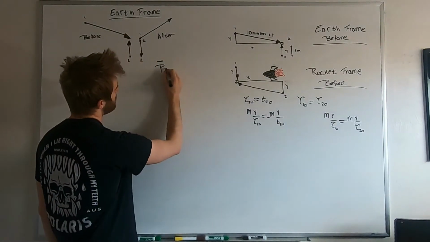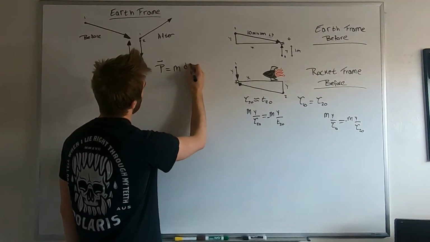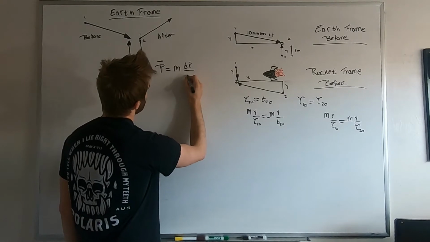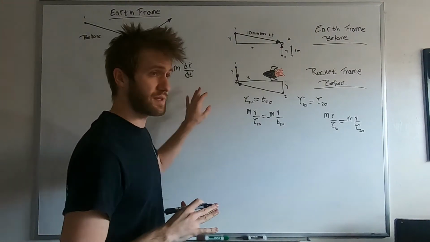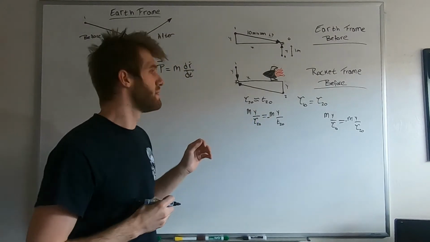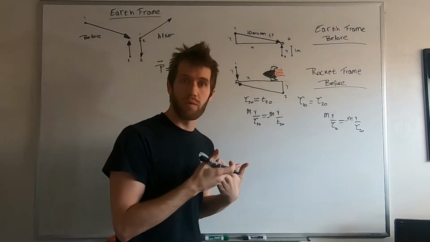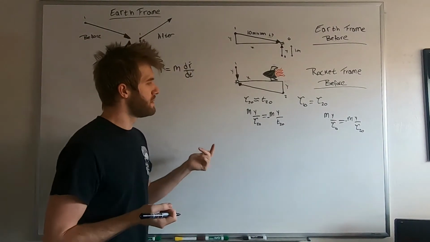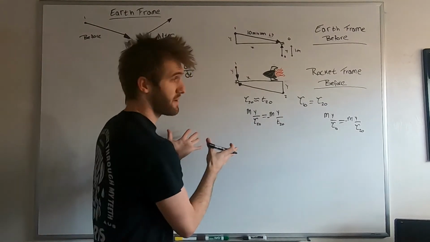Our momentum is going to be equal to m times dr over dt prime, because this is obviously not the variation at which we would be considering the proper time, since we haven't represented it with our tau here. Well, what is tau? What is the proper time, effectively speaking?